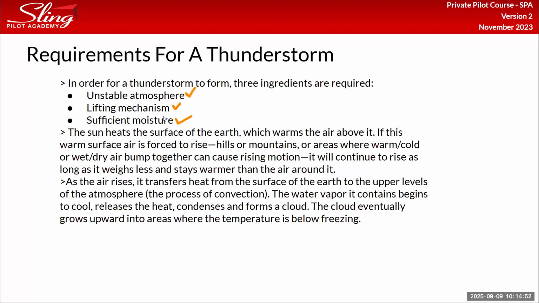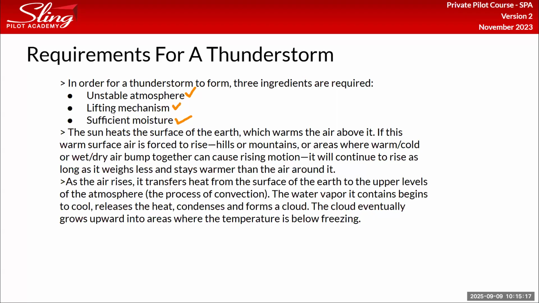The atmosphere is saturated with moisture, so you have sufficient moisture for the formation of clouds, which is a requirement for a thunderstorm. So this is where we figure out, do we have these 3 ingredients? But you need to have these memorized: unstable atmosphere, lifting mechanism, sufficient moisture.